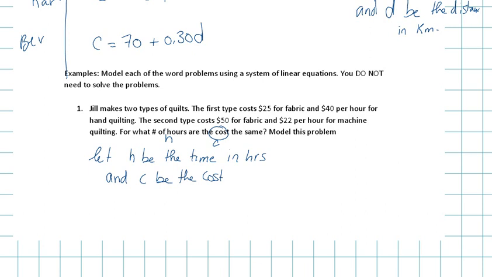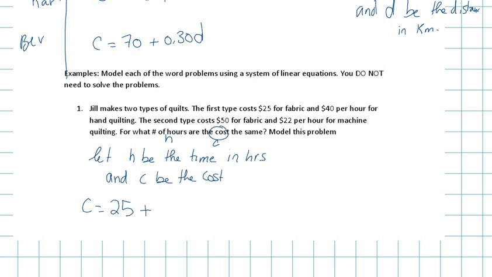Now, what would be my first equation? The first type costs $25 for fabric and $40 per hour. 25, that's it? Okay, plus 40H. That's right.